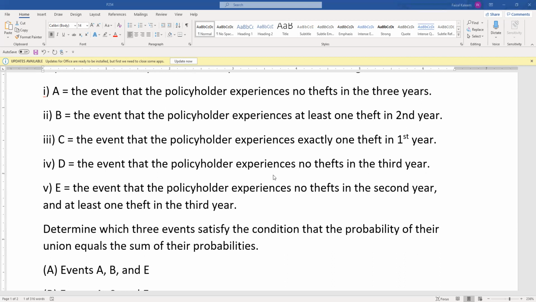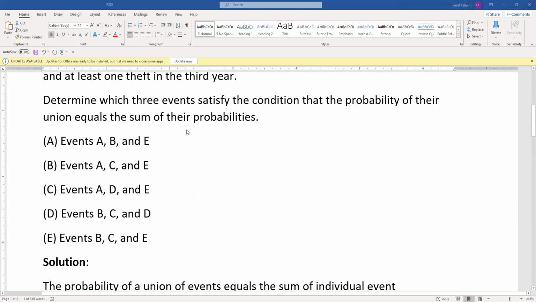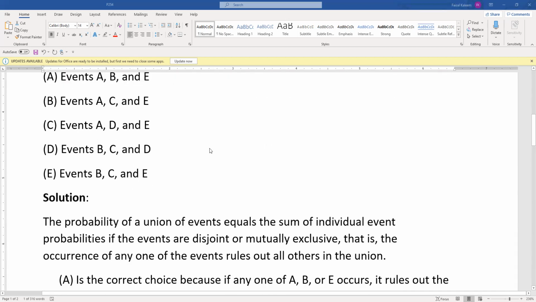C is just talking about the first year, while E is talking about the second and third year. So whatever they are saying cannot rule the others out. Since C and E can happen at the same time, they are not mutually exclusive, and therefore they don't satisfy this condition, because this condition is only for mutually exclusive events.